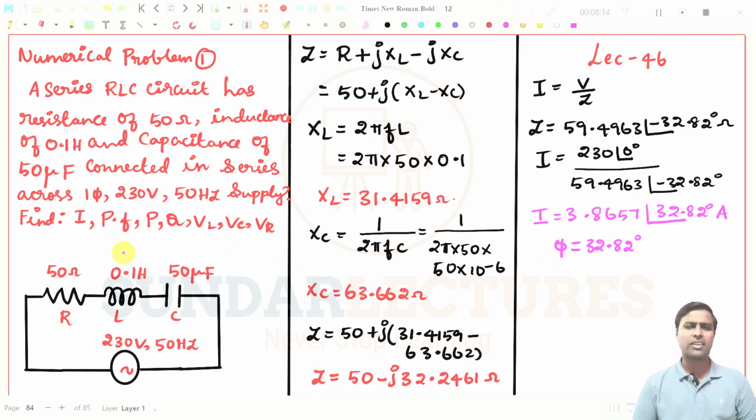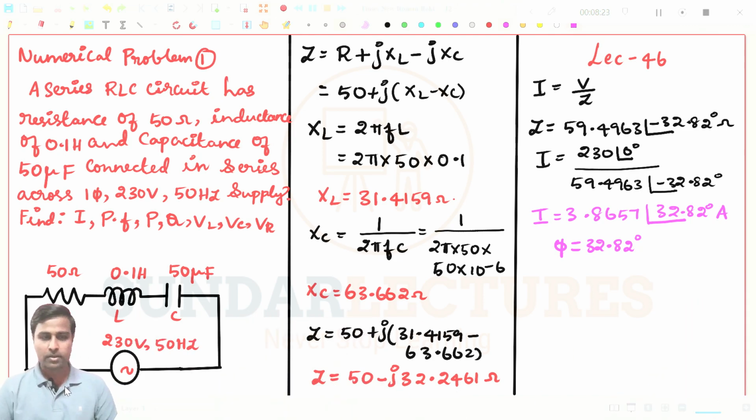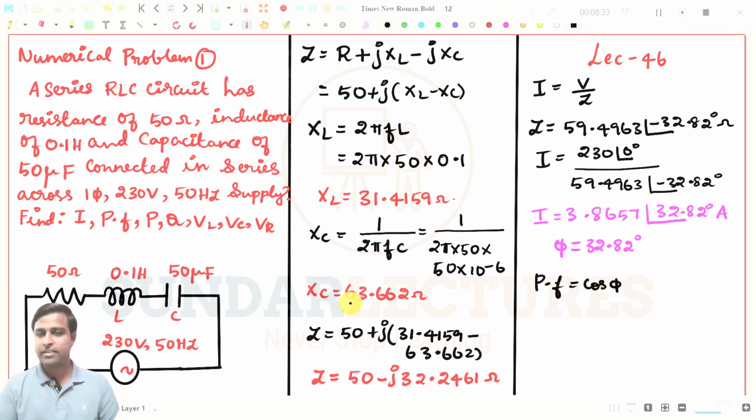Now you can find so many things. You can easily go for power factor. What is the formula for power factor? It is cos phi. So to find the power factor, it will be equal to cos of 32.82.